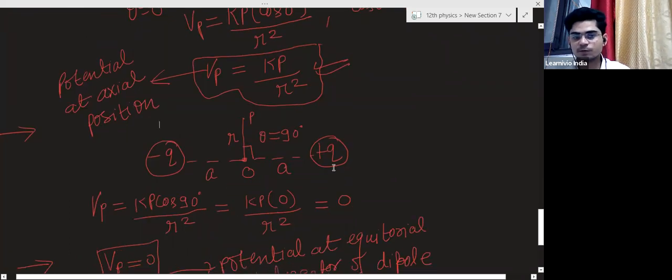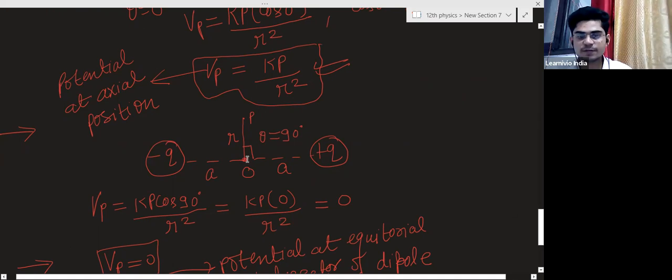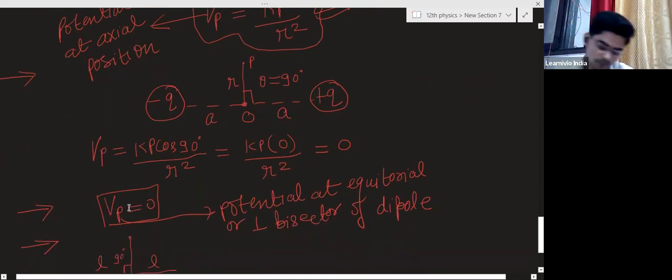For the equatorial point, or equatorial position, we have calculated the value of potential as 0.